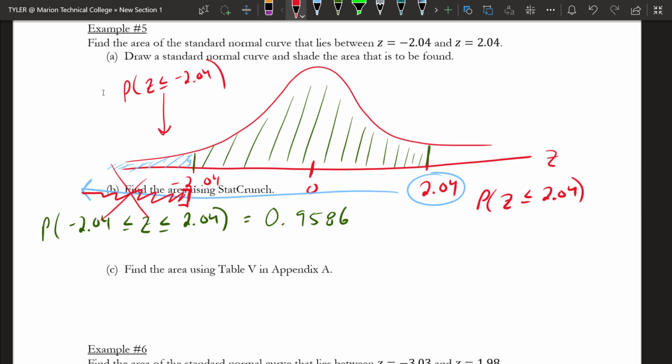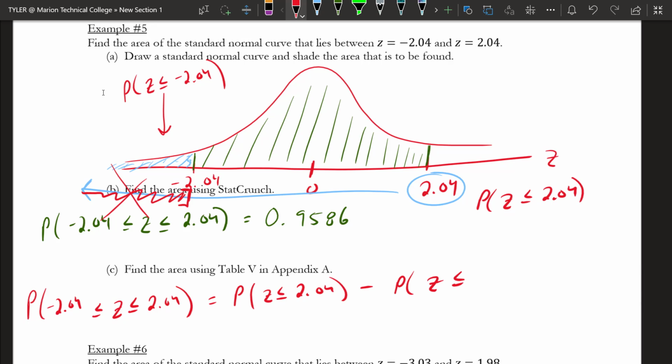So the basic idea is if I want to find the probability that z is in between negative 2.04 and positive 2.04, this is going to be equal to the probability that z is less than or equal to your bigger number minus the probability that z is less than or equal to your smaller number, negative 2.04. So the subtraction part is getting rid of that tail area that we don't want. That's included in this first calculation.